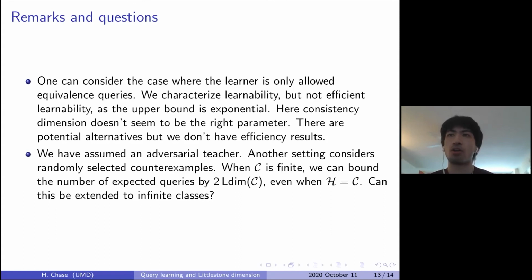But there are already known bounds that use strong consistency dimension in the case where we're just using equivalence queries. And as another example where I think Littlestone dimension is particularly useful, or at least interesting, is the setting where we look at random counterexamples.